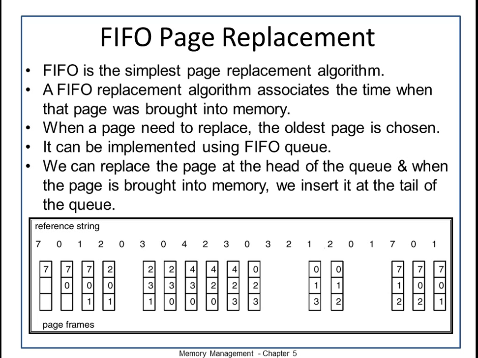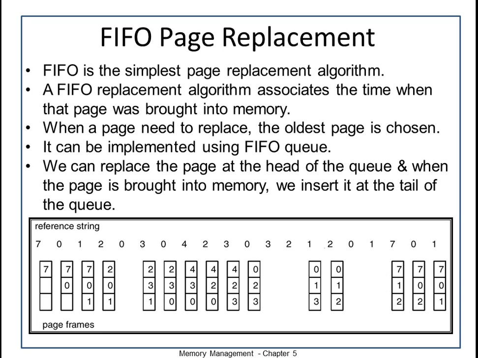Now, initially as there were no pages in the main memory, for every page requirement generated by our processor, there is a page fault. Means as we are storing 7, 7 is not there in the main memory, so there is a page fault. That page will be searched in the disk and will be brought into the first free frame of the main memory.